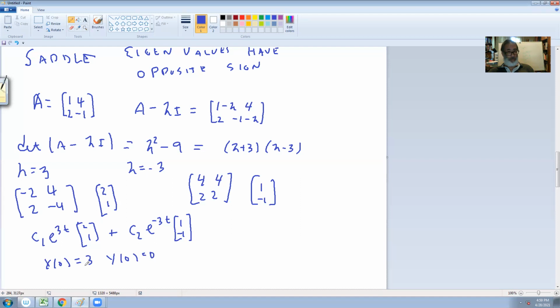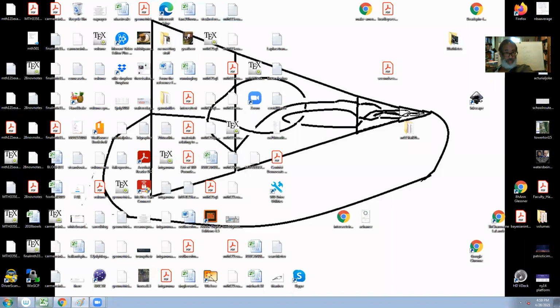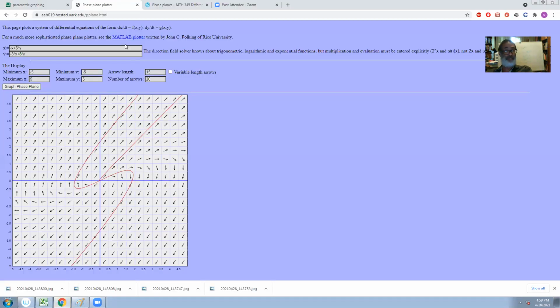Then the solutions you would get, and I picked this out right here, your x would be 2 e to the 3t plus e to the minus 3t, and your y would be e to the 3t minus e to the minus 3t. That's a nice little setup. Let's take a look at what that looks like, so let's plot that with Desmos.